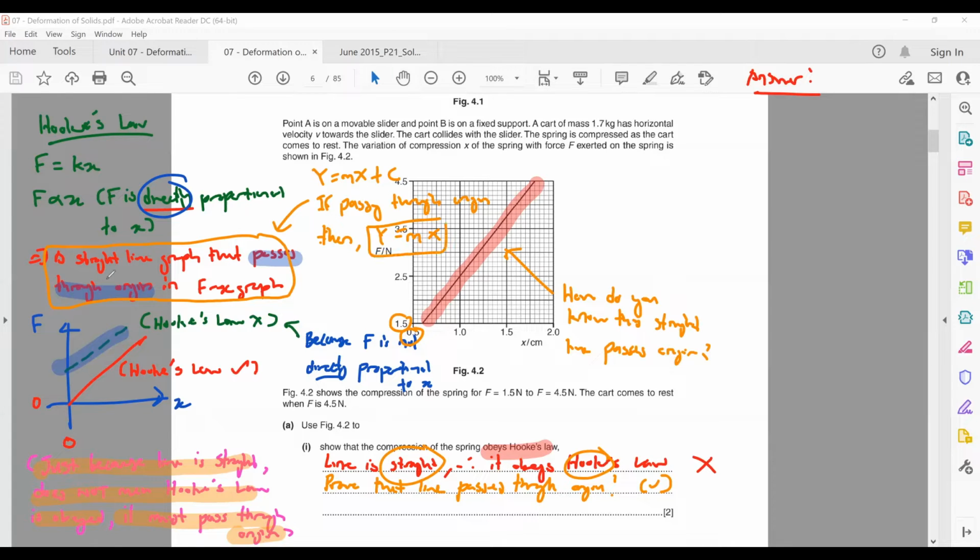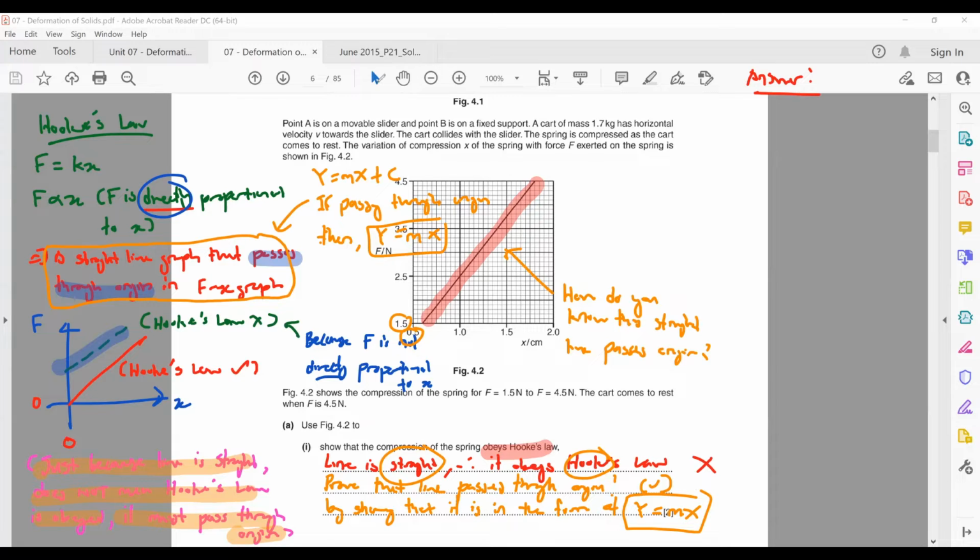It's a straight line passing through origin. The general equation should be this. Prove that the line passes through origin by showing that it is in the form of y equals to mx. How do you prove that the graph passes through origin? You show that the equation of this line is in the form of y equals to mx.